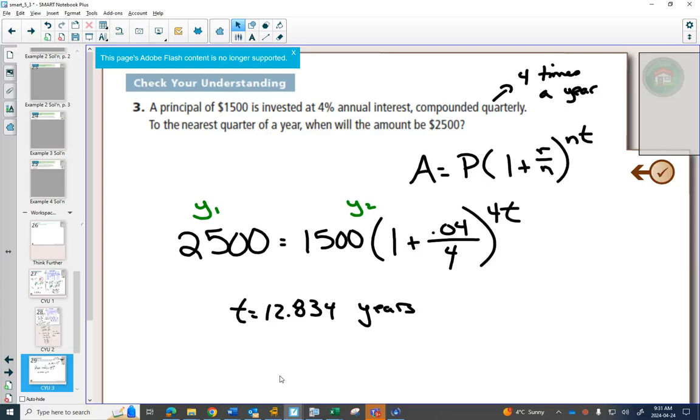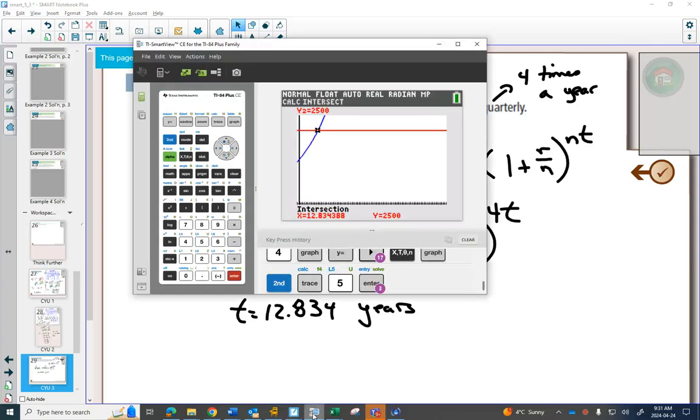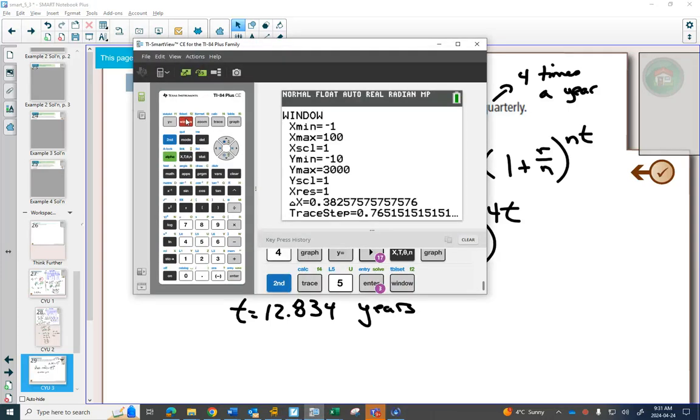And we're going to be able to solve this eventually with logarithms and algebra. Wouldn't you have your maximum index at the window? So on my window here, I picked 3,000 for my Y-max because I wanted to see that 2,500. That was the most important thing.